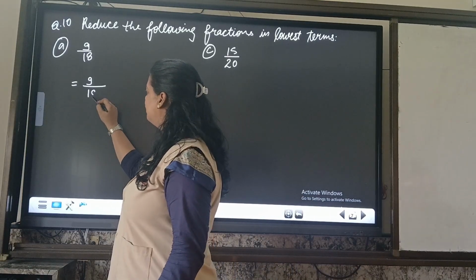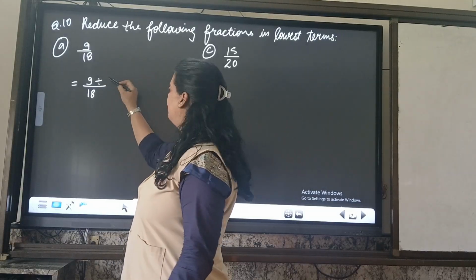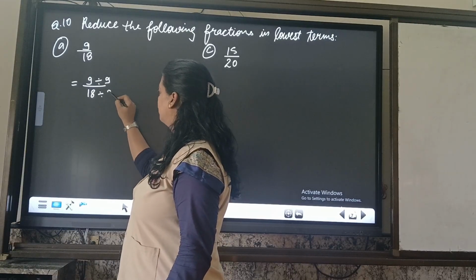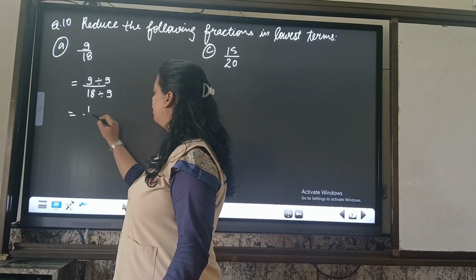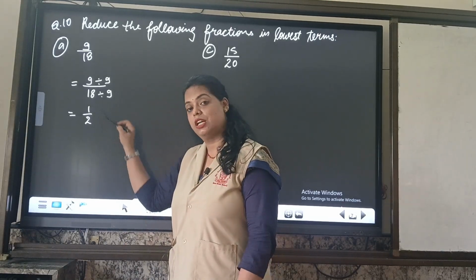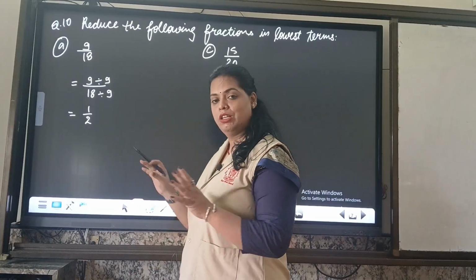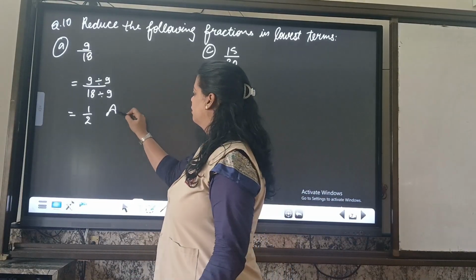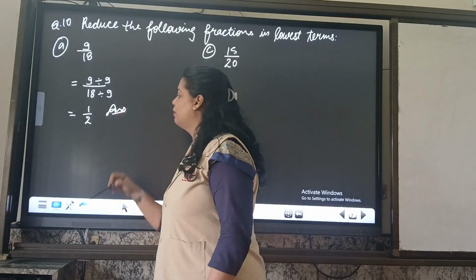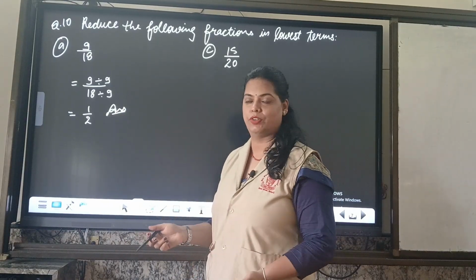The highest table which I can take, that will divide both numerator and denominator. I will take 9. So I will get 1 upon 2. After this I can't reduce this number. It is the standard form, simplest form, lowest term and reduced form. All the words are the same. So the common factor or common HCF is 1 because both are in the table of 1.